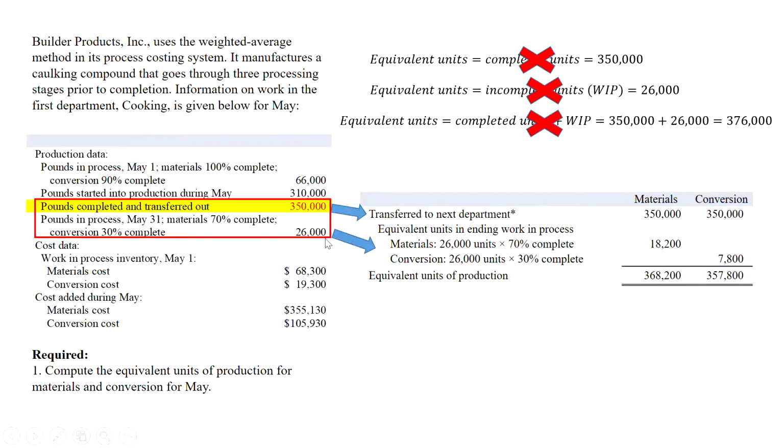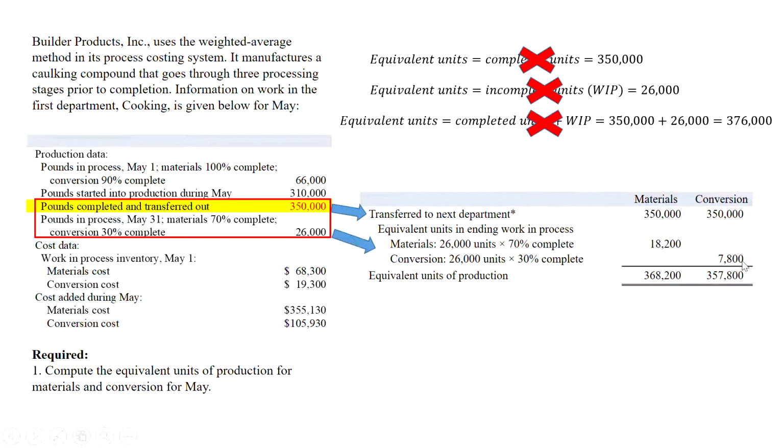I look at conversion. Again, the 26,000 pounds of incomplete work in process inventory, I'm going to multiply that times the conversion completion percentage of 30%, 26,000 times 30%, and this time I get 7,800. So again, if I had taken that same conversion, labor and overhead, and actually finished units off, it's equivalent to 7,800 ending work in process inventory that would actually be complete.